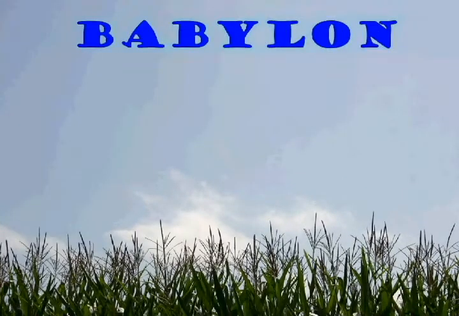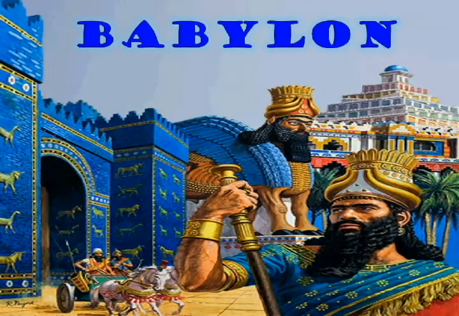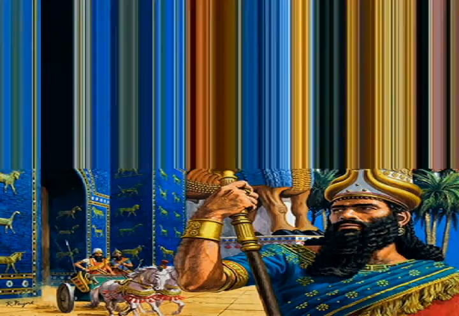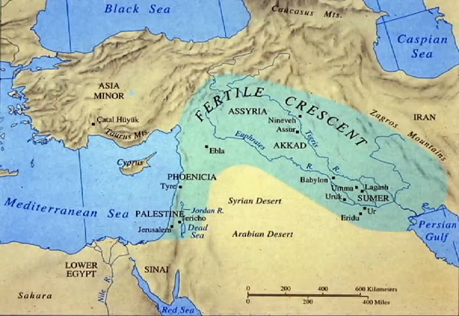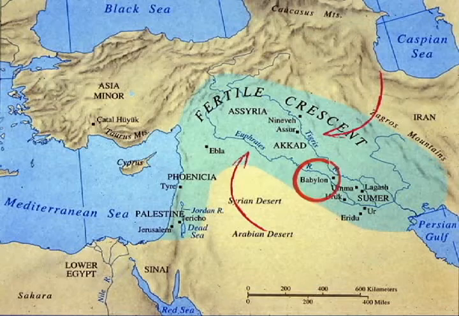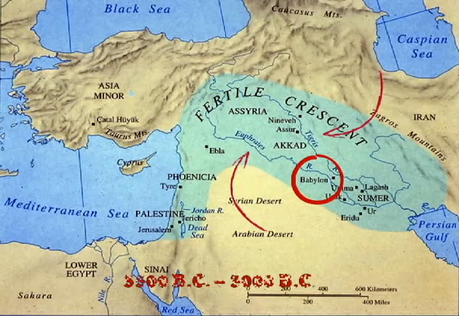Now, let's go to Babylon. Babylon was located in the middle of the Euphrates and Tigris rivers. This civilization existed at about the same time as ancient Egypt, between 3500 until 3000 before Christ.